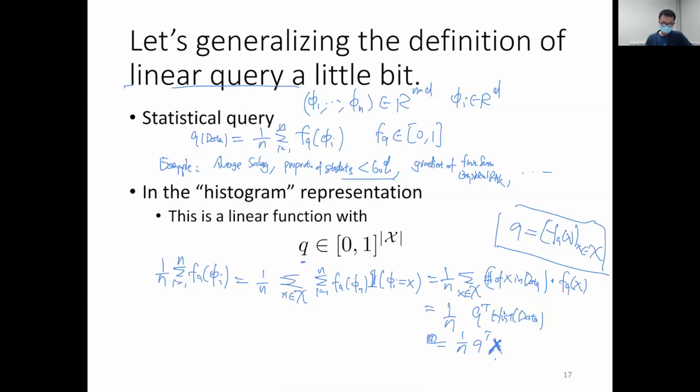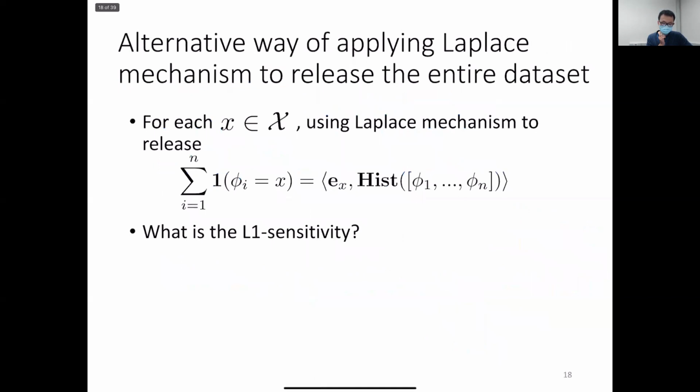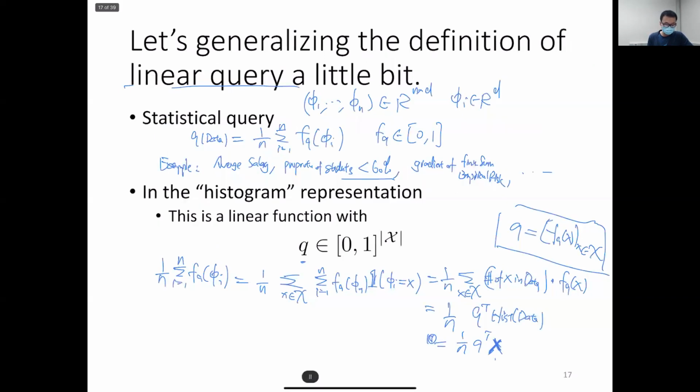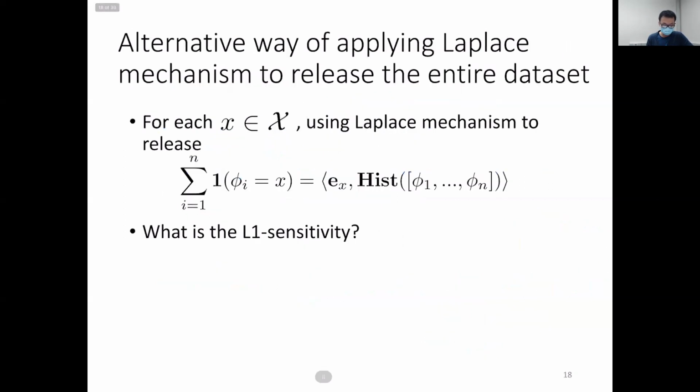All right, so I hope that's clear. And now we've generalized the notion of a linear query into the more general sense, when we have a general data set rather than just a bit vector, and luckily it is still linear, and we have this concise representation of the outcome of the linear query.